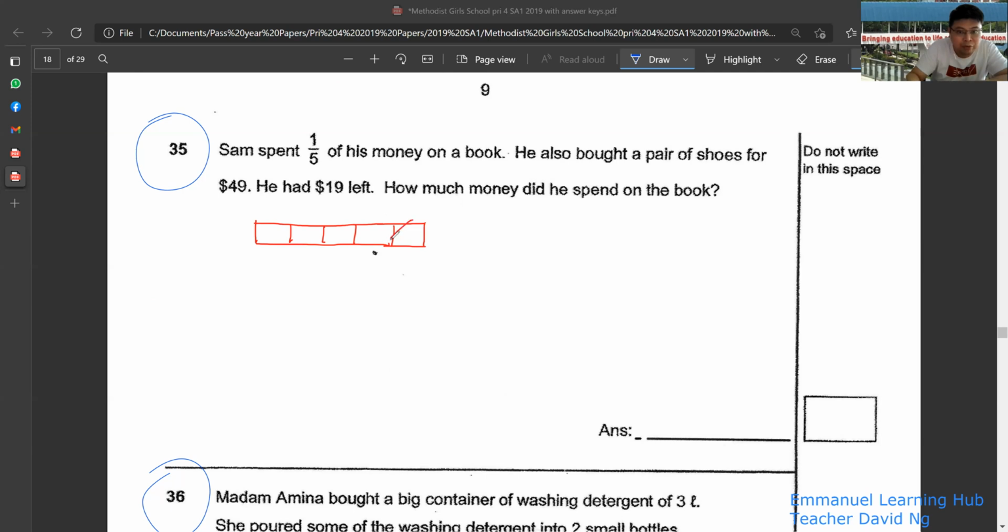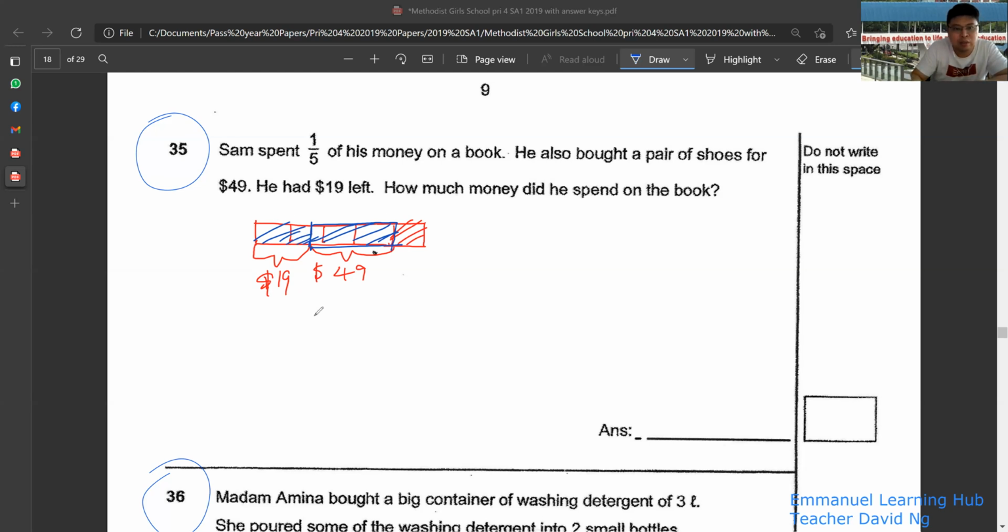One-fifth, he spent 1/5. He bought a pair of shoes for $49 and had $19 left.